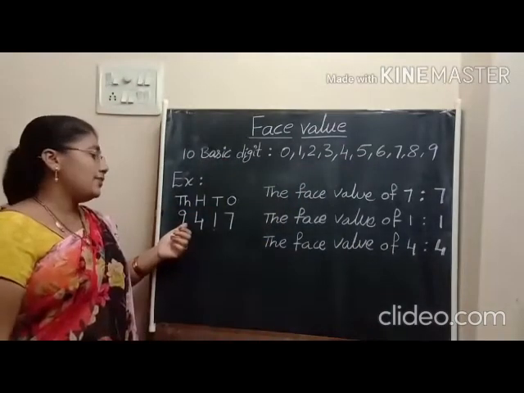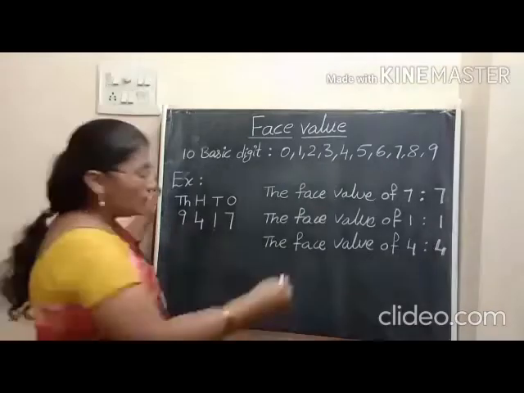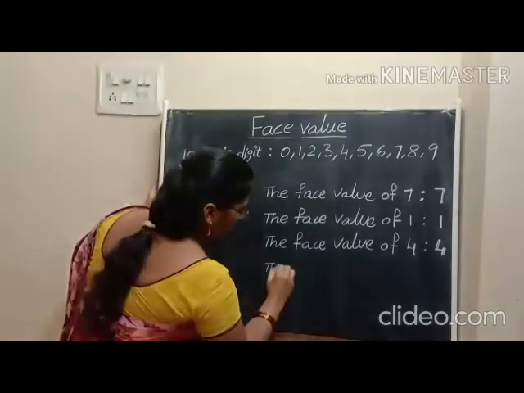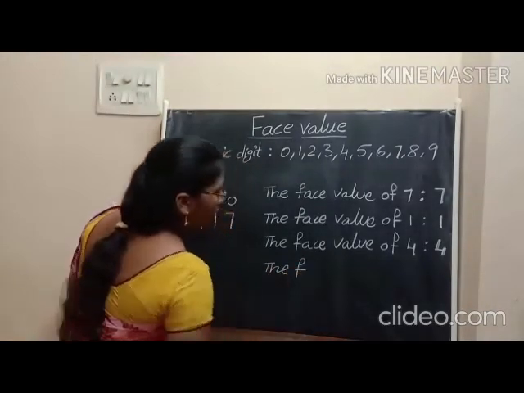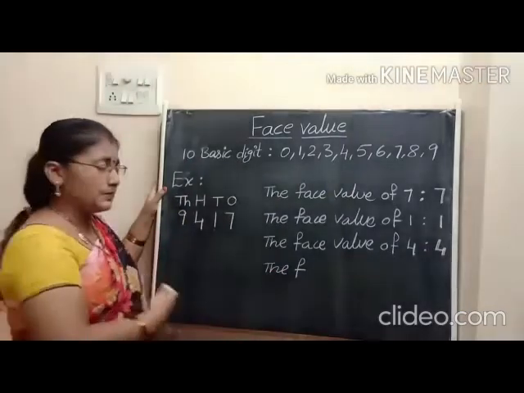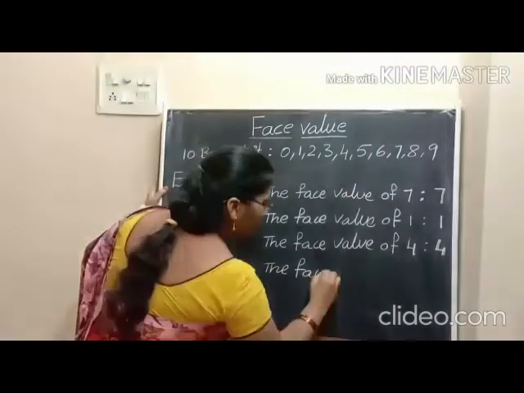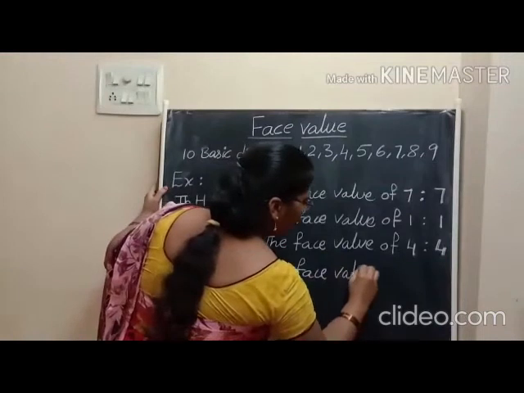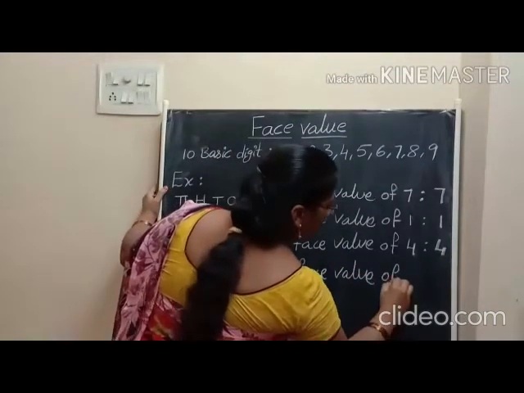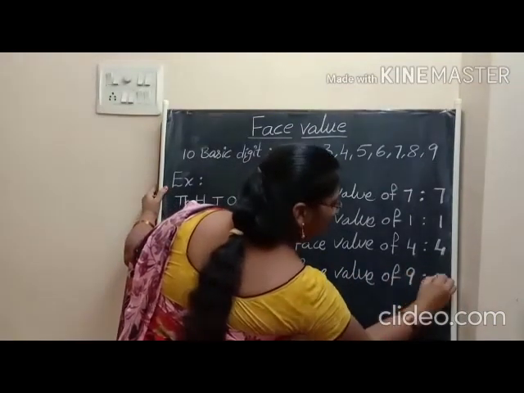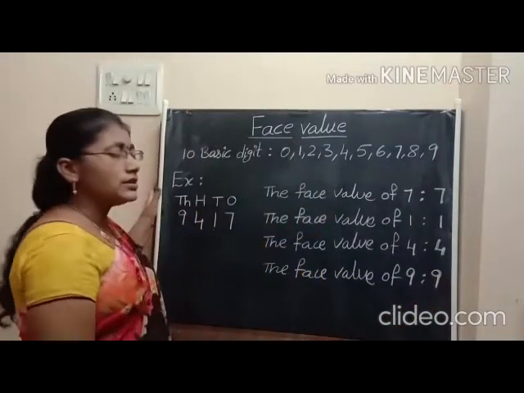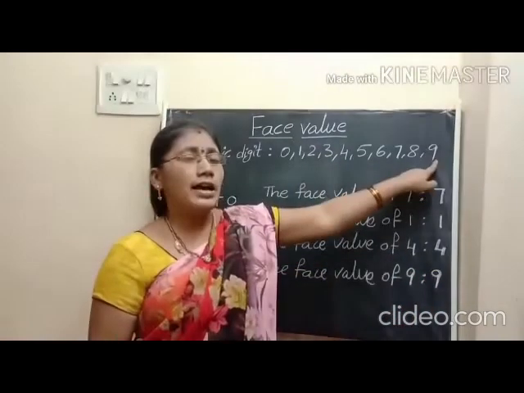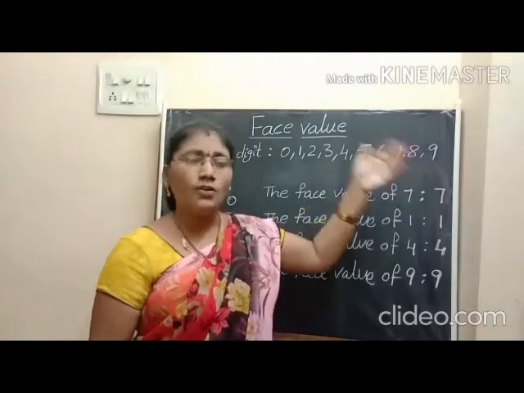Let us take the face value of 9. There is no change even though it is in thousands place. The face value of 9 is 9 only, because the digit 9 has a value that is 9 only.